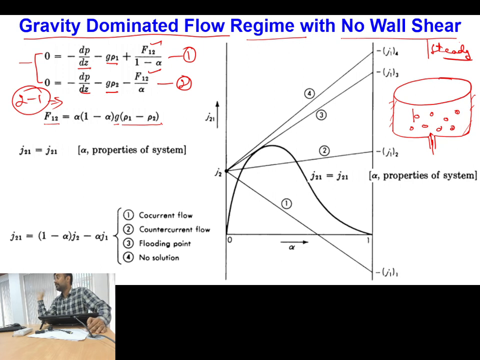Wherever you have this type of situation, where majorly body forces contribute to the relative motion between the phases, there only you will be able to apply the drift flux model with good accuracy.